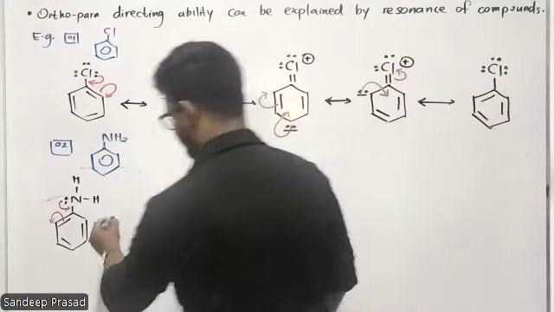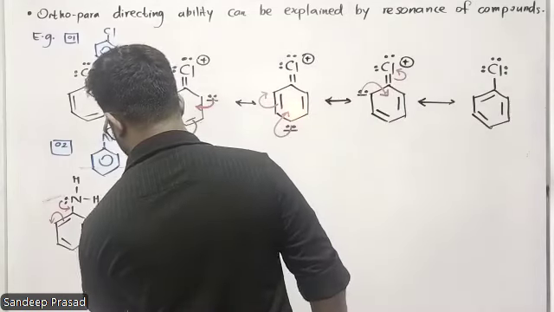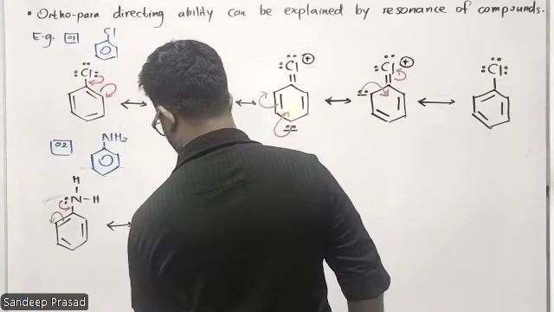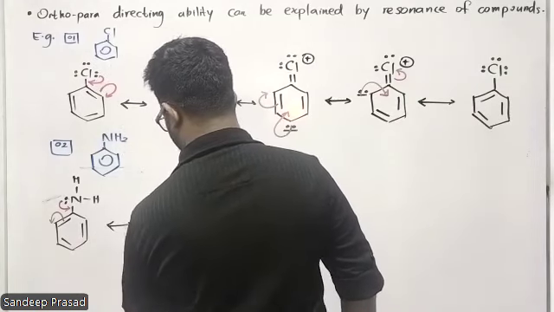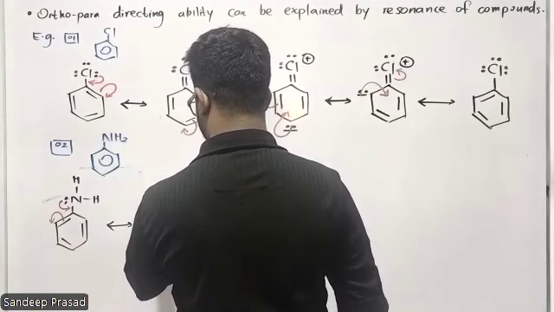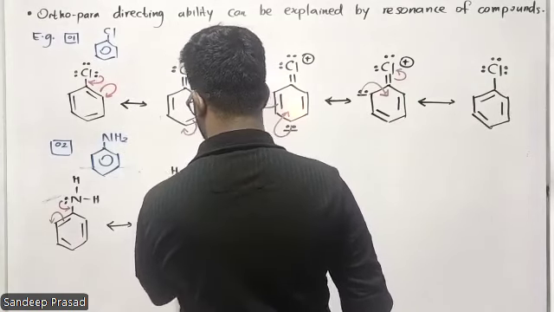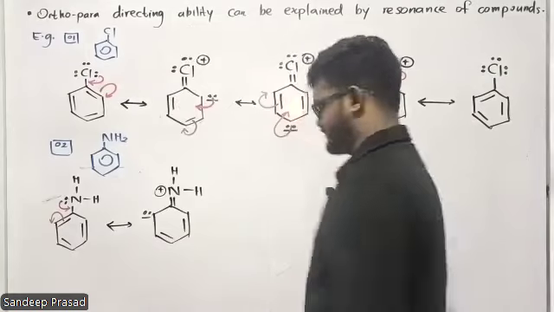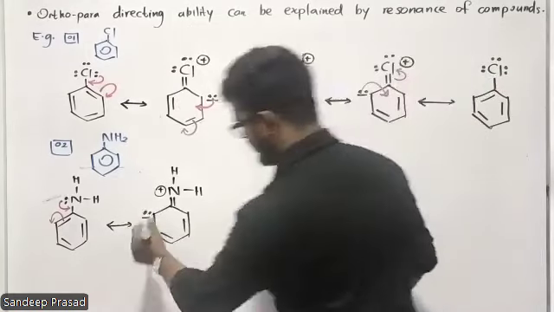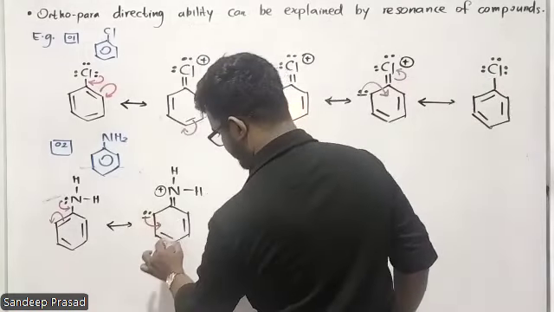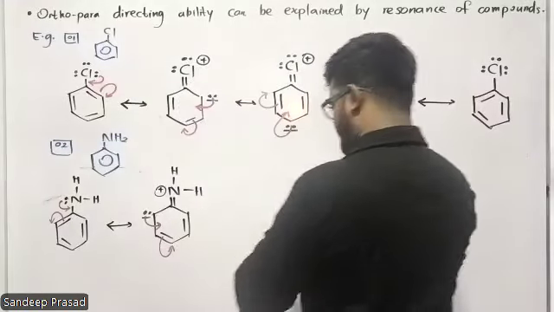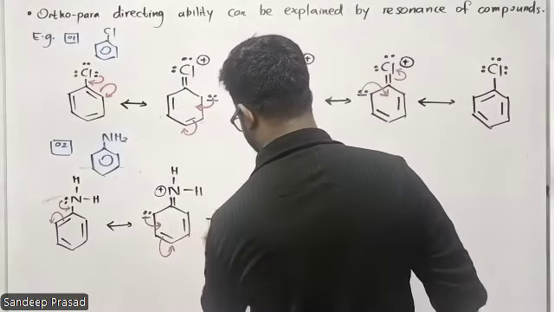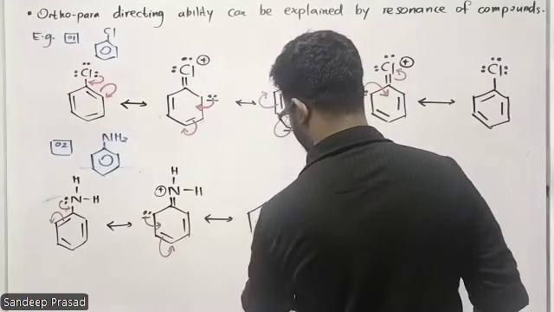Then we can see that here the ortho position of the compound is activated. Right? Now these 2 electrons are given to this bond. This double bond has to be broken. Then the para position is activated by taking electrons in this way.